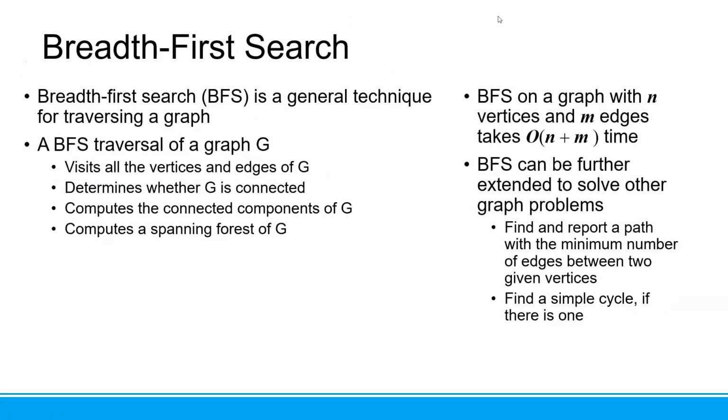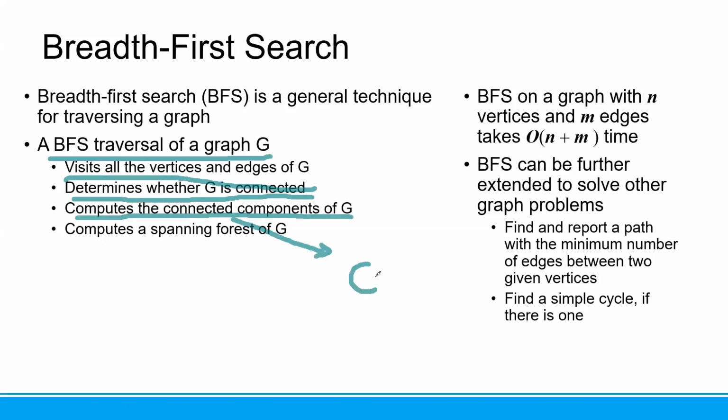BFS is a traversal of a graph G, and it visits all the vertices and edges of G. It determines whether G is connected and computes the connected components of G. I think you still remember what a connected component is. In a graph, we should have all the nodes connected.